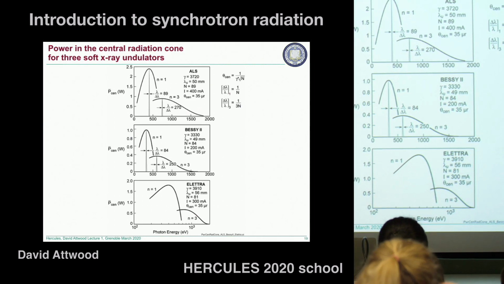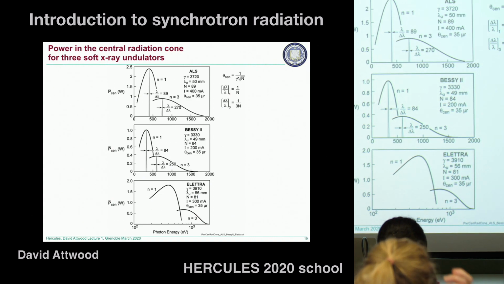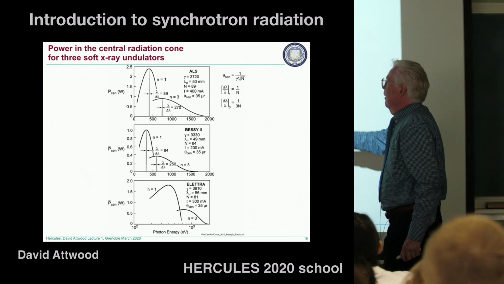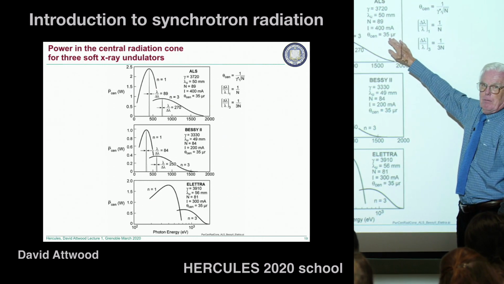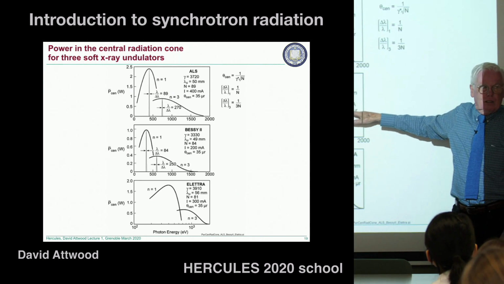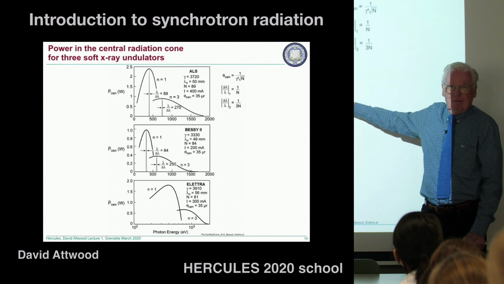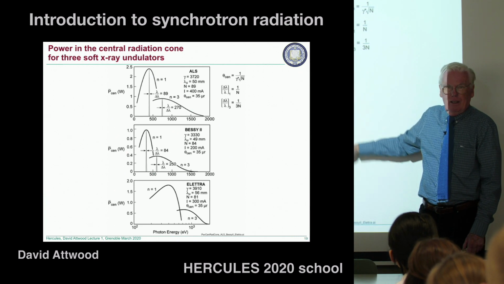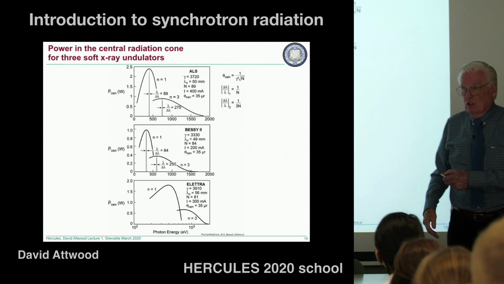So what does that mean? Well, a watt. A laser pointer would be a milliwatt in a milliradian. This is a watt in 35 microradians. So this is extremely strong radiation. Okay, the power, a watt, is relatively high power. Okay, and the angle is small.